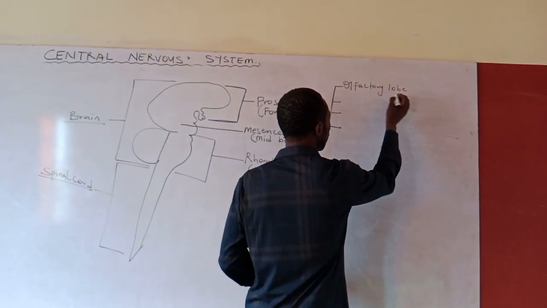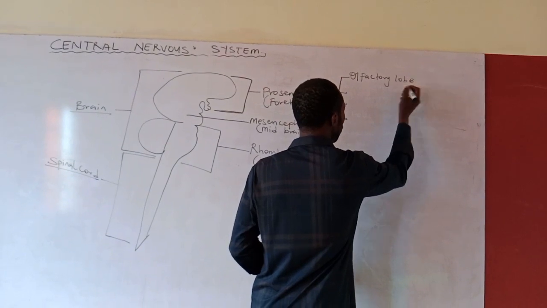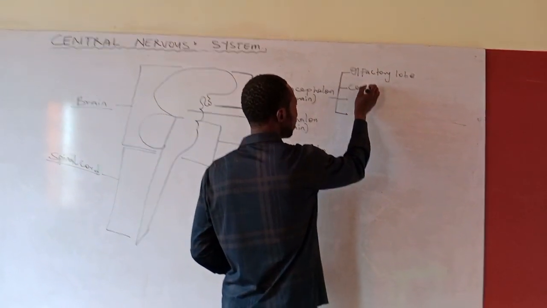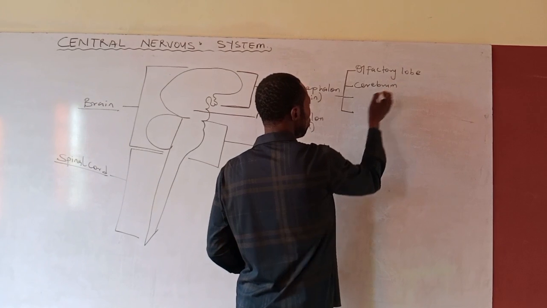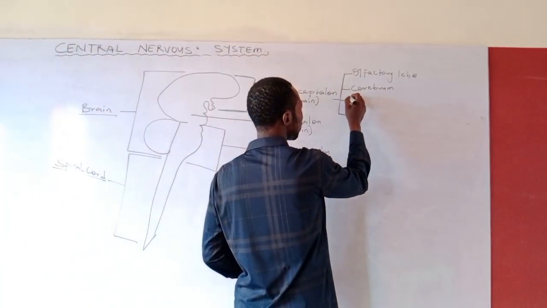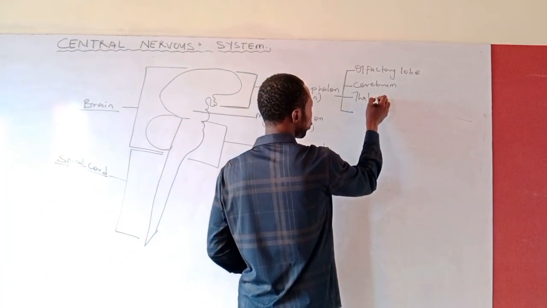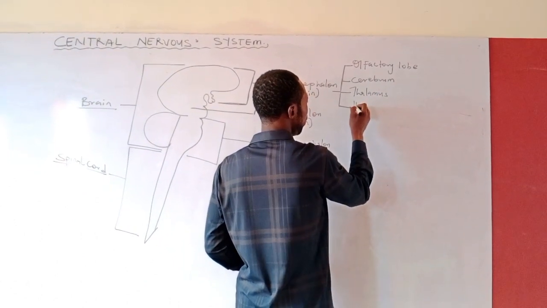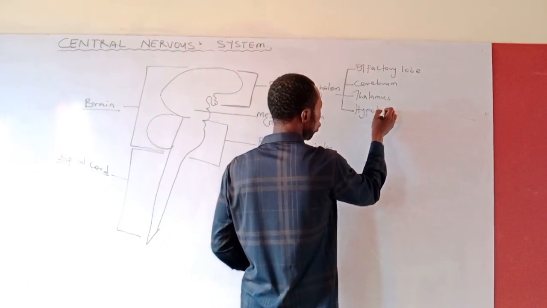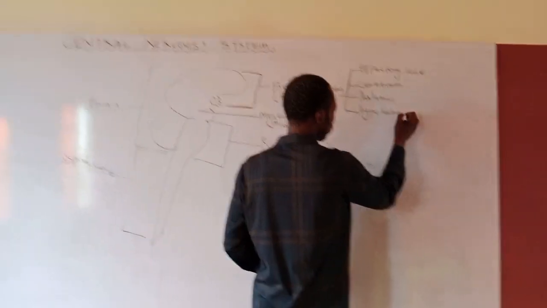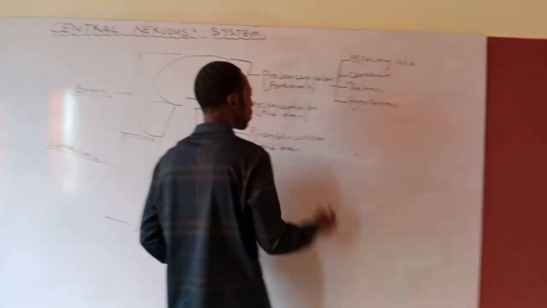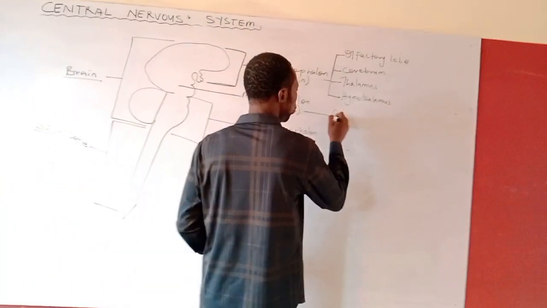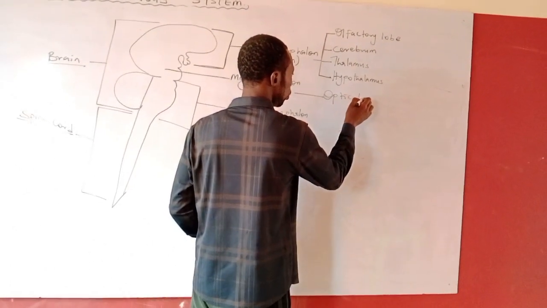We have the olfactory lobe, the cerebrum, the thalamus, and the hypothalamus. In the mesencephalon we have just one structure, known as the optic lobe.